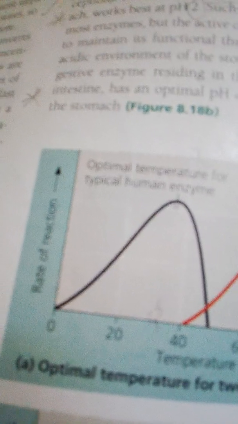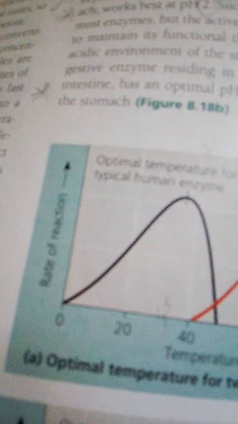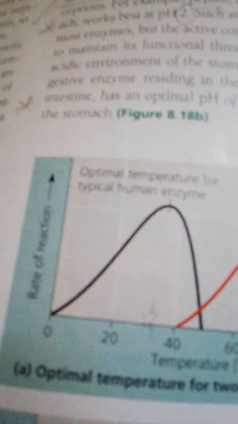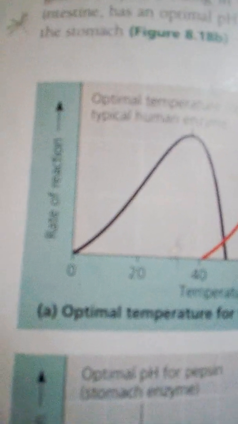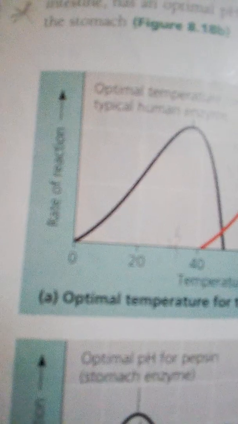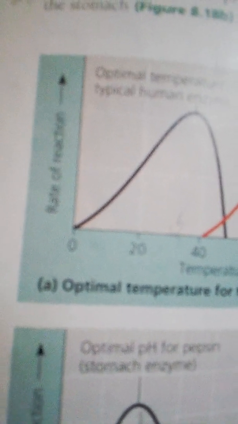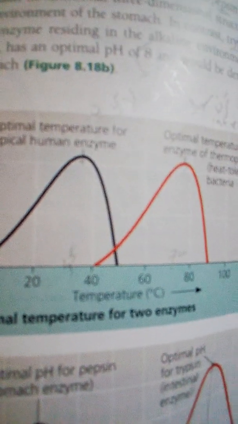The optimal pH values for most enzymes fall in the range of pH 6 to 8, but there are exceptions. For example, pepsin, a digestive enzyme in the stomach, works best at pH 2. Such an acidic environment denatures most enzymes.